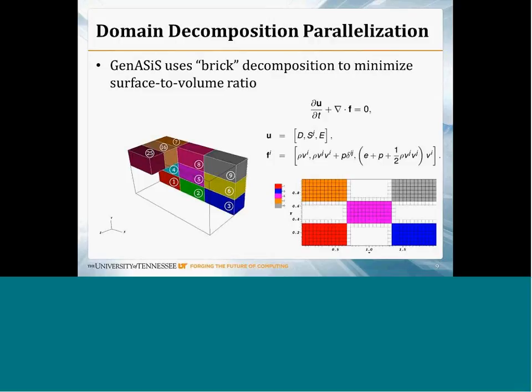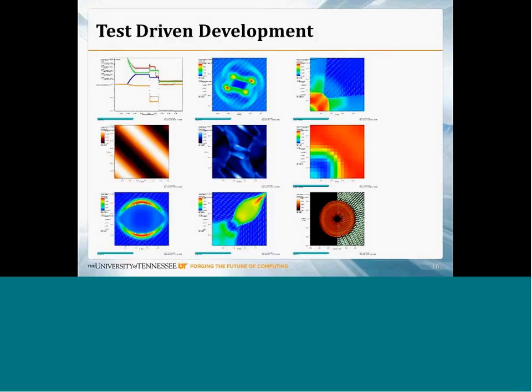For each grid, we need to solve, for example, the fluid evolution equation that I showed here, at each point on the grid. Of course, there are other equations that need to be solved to do the simulation.